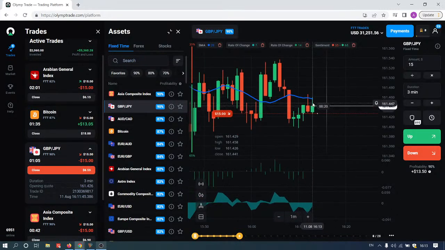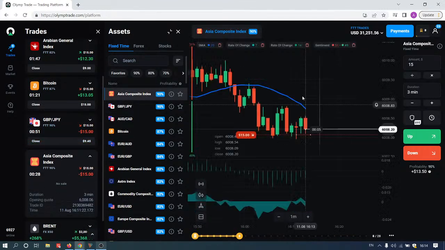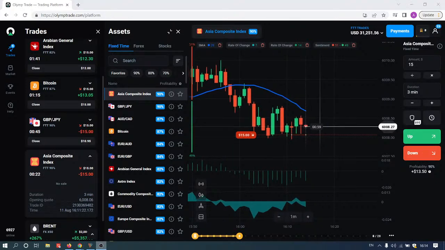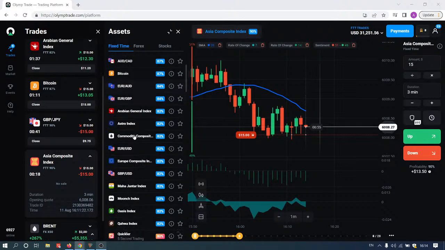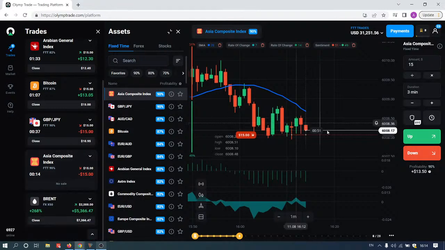And GBP JPY, I also believe I still have pretty good chances of winning here. Yes, we are trading very close to this opening price. All right.